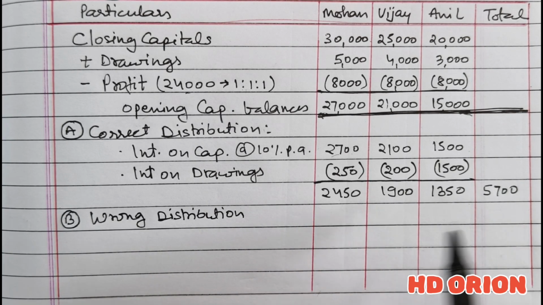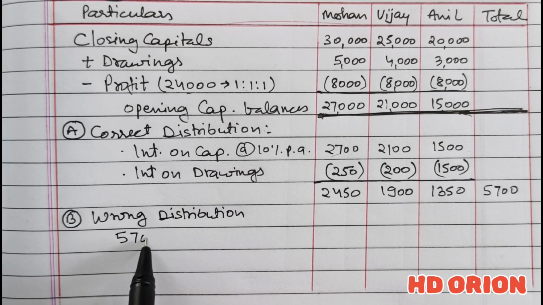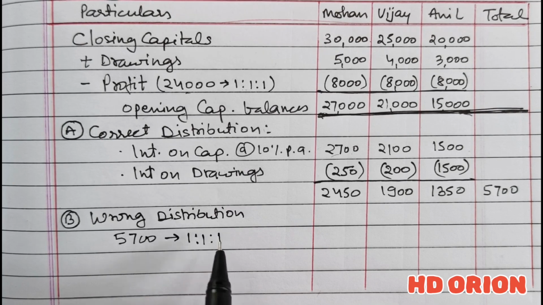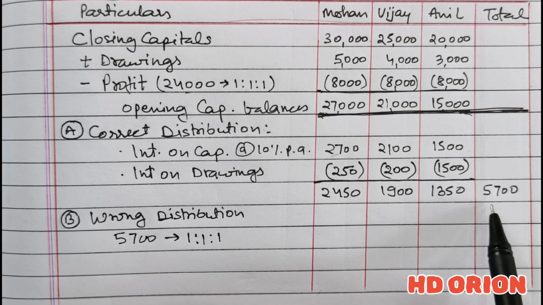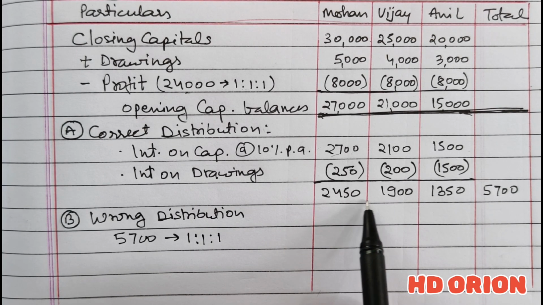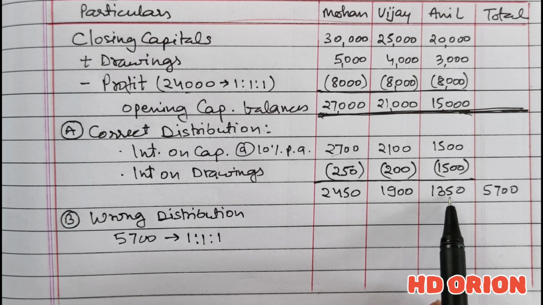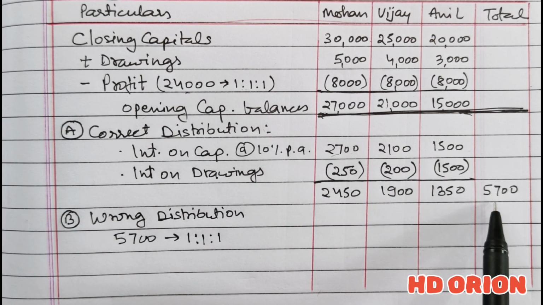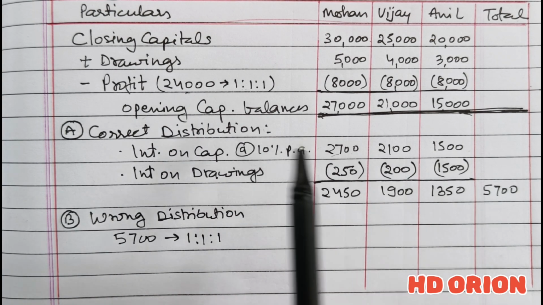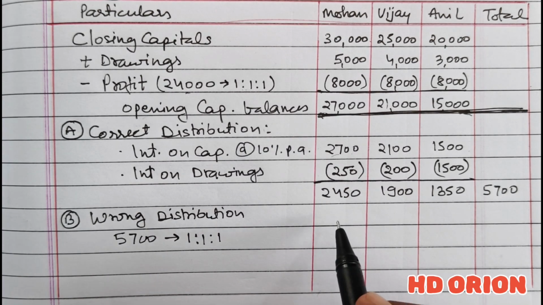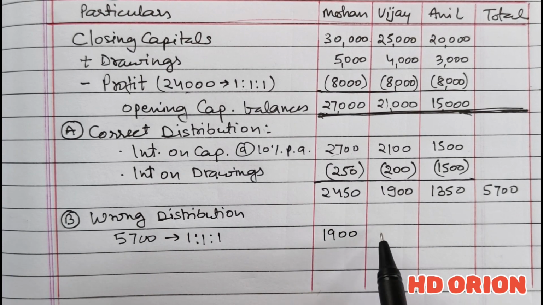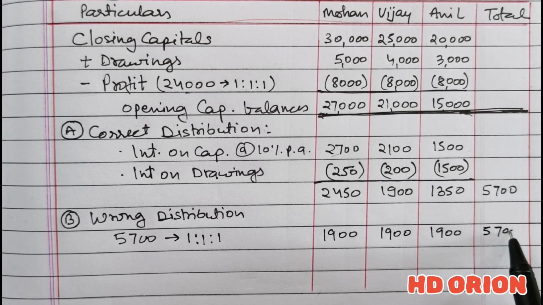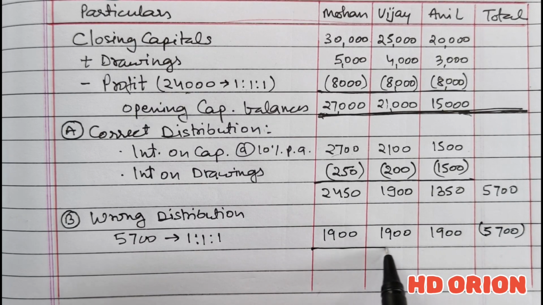What has wrongly been given to the partners is 5,700, given in their profit sharing ratio, that is 1:1:1, which otherwise was supposed to be paid to them in this way. This is the correct amount, but when we were distributing 2,400 rupees, this portion also got distributed to them in their profit sharing ratio. So what was that? 1,900 each, because they are equal partners. In this way 5,700 was given to the partners.